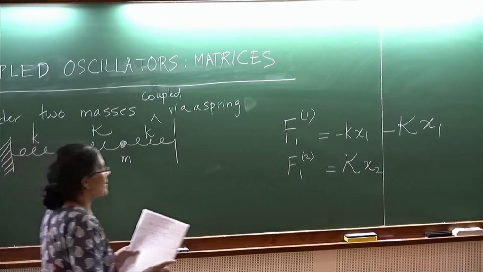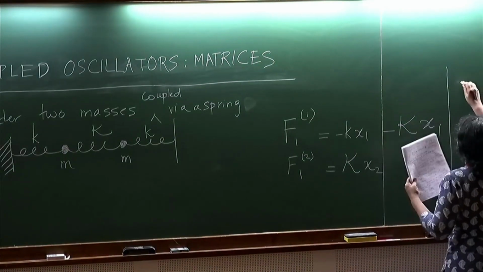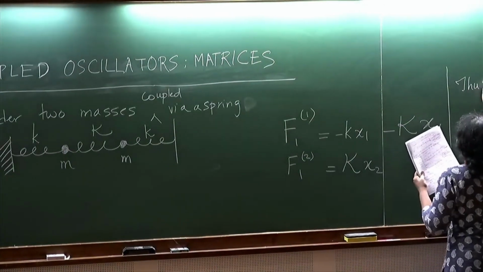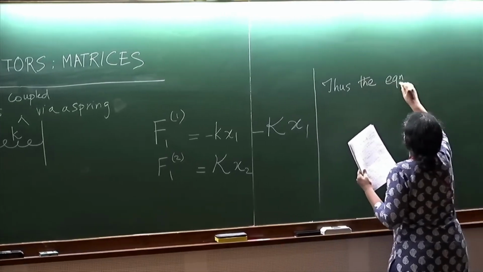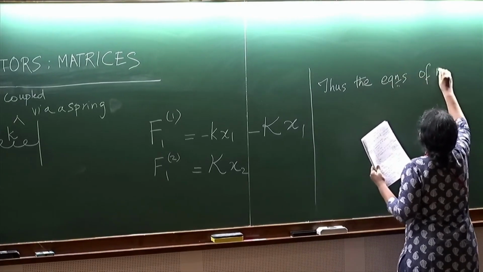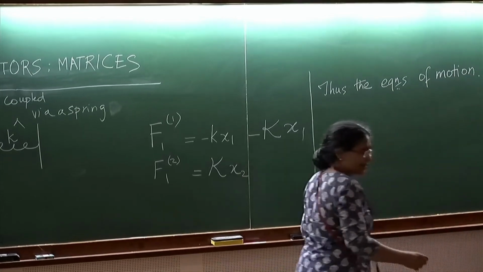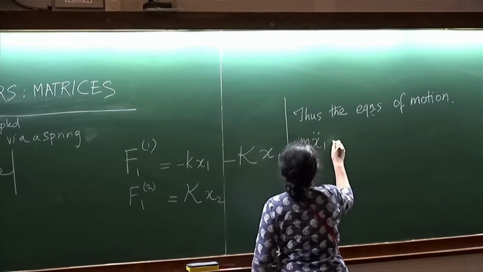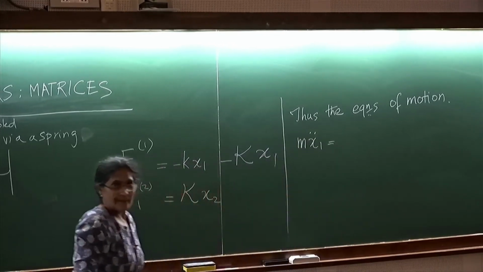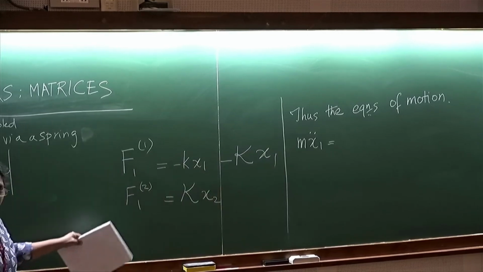Okay, so given this, what are the equations of motion? Newton's second law. If I write just the left-hand side, how shall I write the right-hand side based on these two?